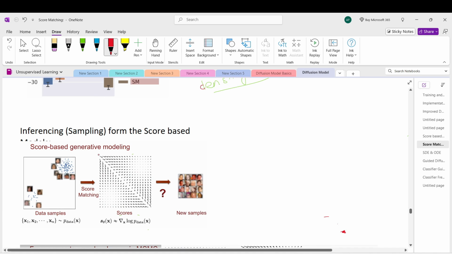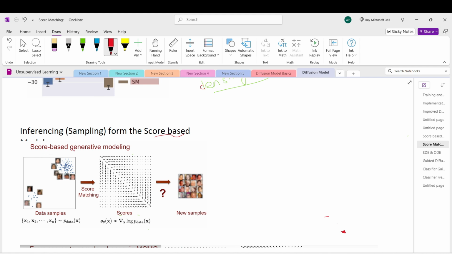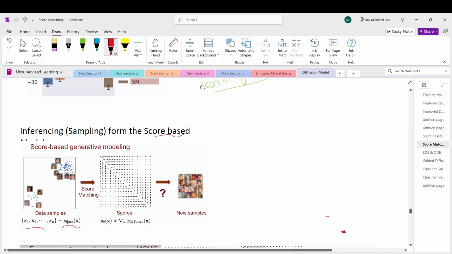Let's look at the part about inferencing, or sampling, from score-based modeling. Look at the pipeline. In score-based generative modeling, we have samples from the distribution p_data(x), and we try to approximate the score using score matching.